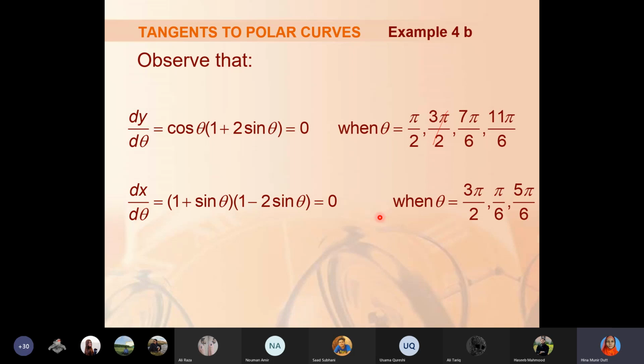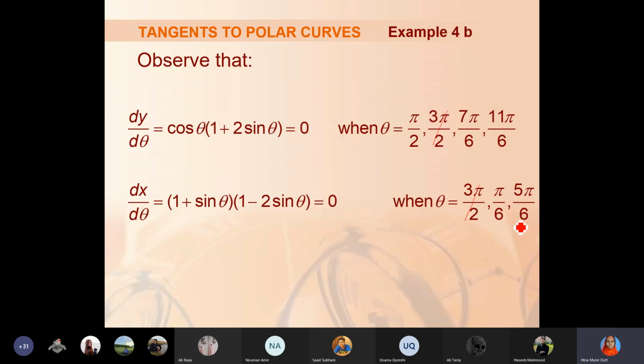Similarly, for the vertical tangent, dx over d theta is equal to 0, that is for these values, provided dy over d theta is not equal to 0. That is, theta should not be equal to these values. So omit the common values of theta, which is 3 pi by 2, this one.